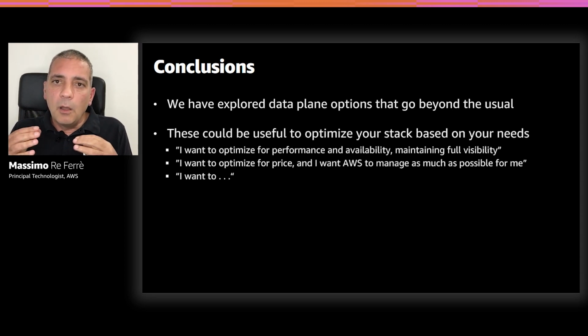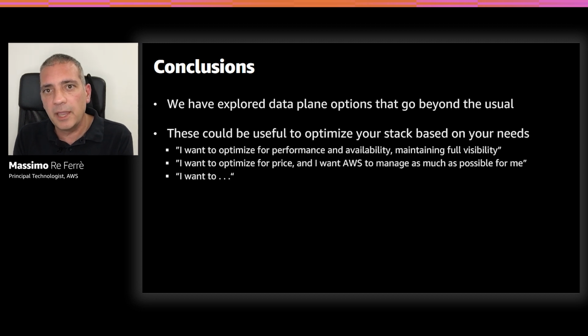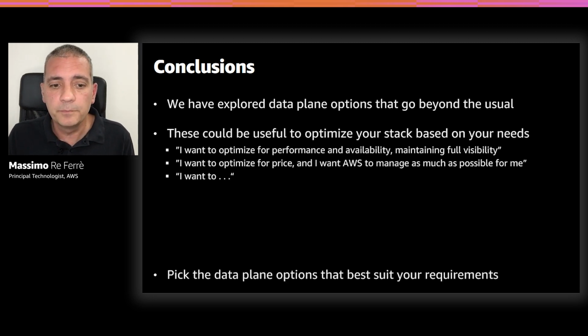What I tried to do was to show you how you can match your business requirements with some of the options that we offer. For example, you may want to over-index your deployment on performance or availability or cost. And depending on what you want to over-index it on, you may want to pick the options that make more sense for you.